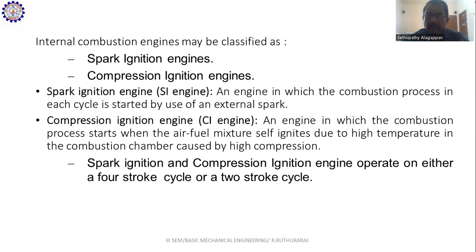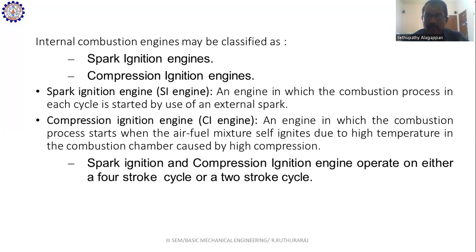In the CI engine, the combustion process starts when the air-fuel mixture self-ignites due to the high temperature in the combustion chamber caused by high compression. When the air-fuel mixture is compressed inside the chamber, the pressure becomes higher, and at the same time the heat is raised.